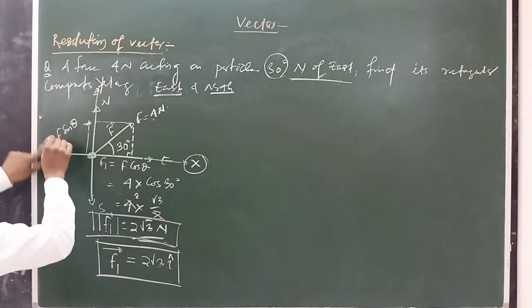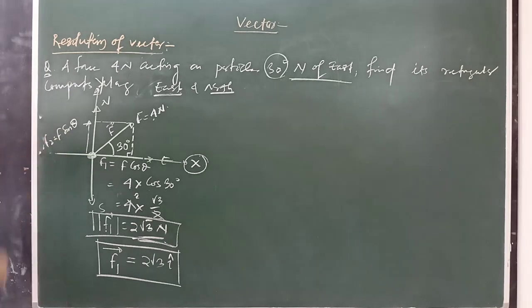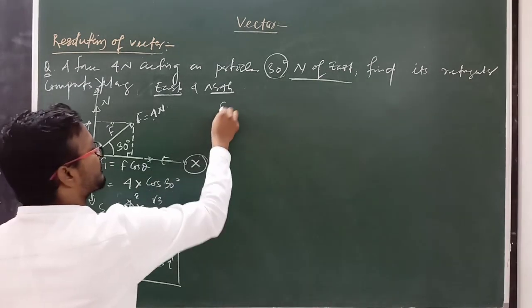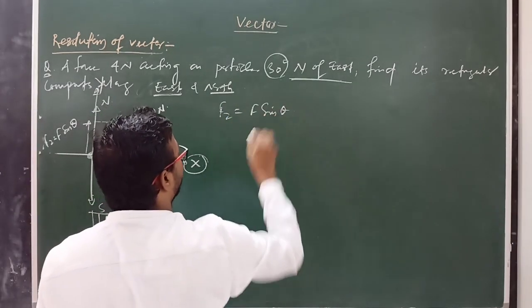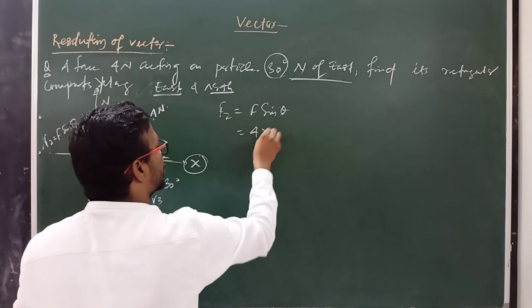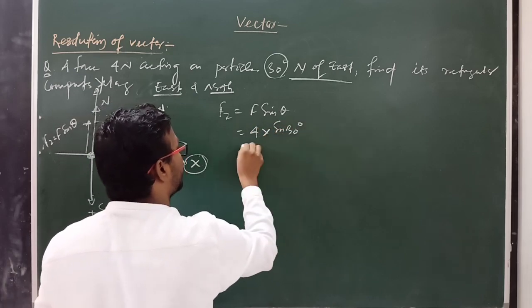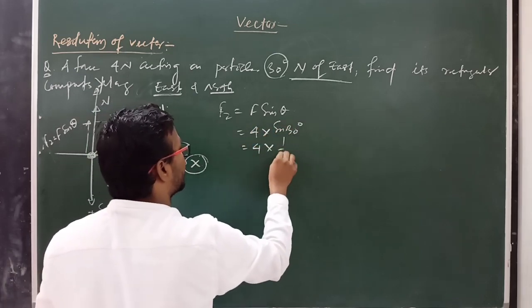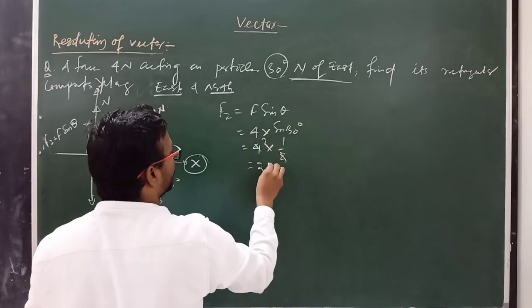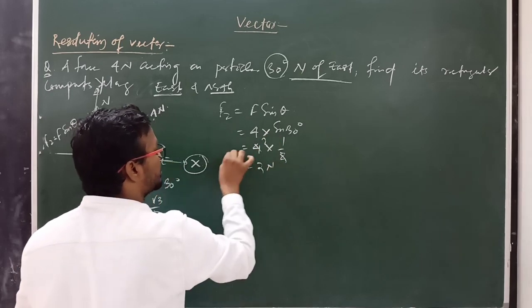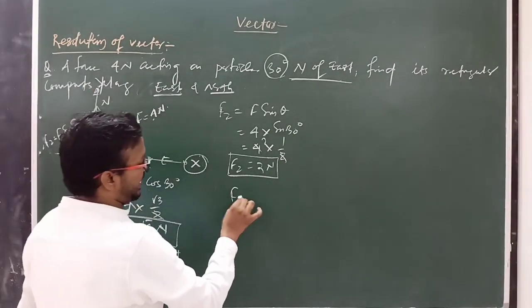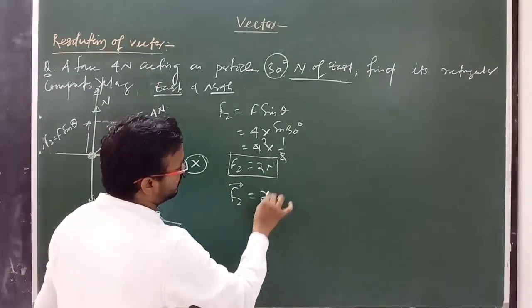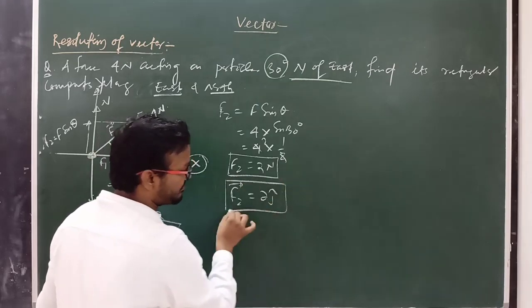Now this is F2, which equals F sin theta, that is 4 sin 30 degree, and 4 into sin 30, which is half, gives 2 Newton. This is the magnitude along the y axis, so F2 vector equals 2 j cap.